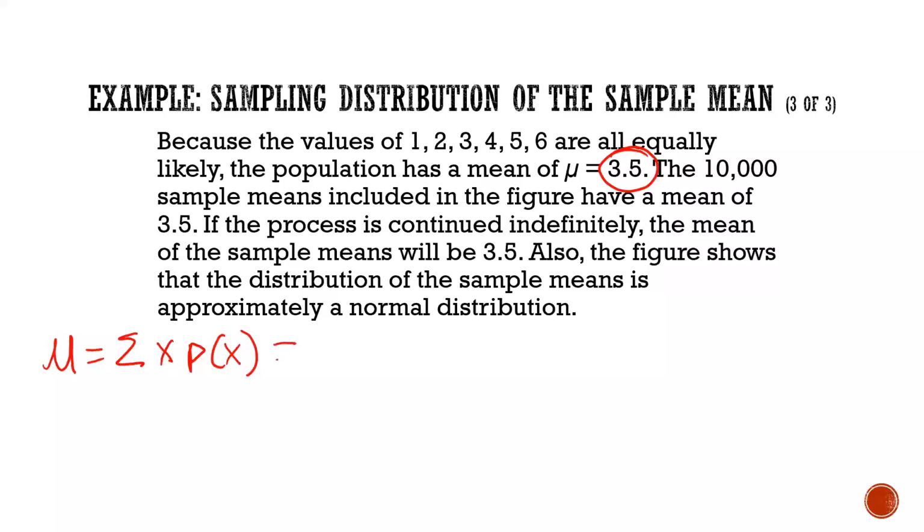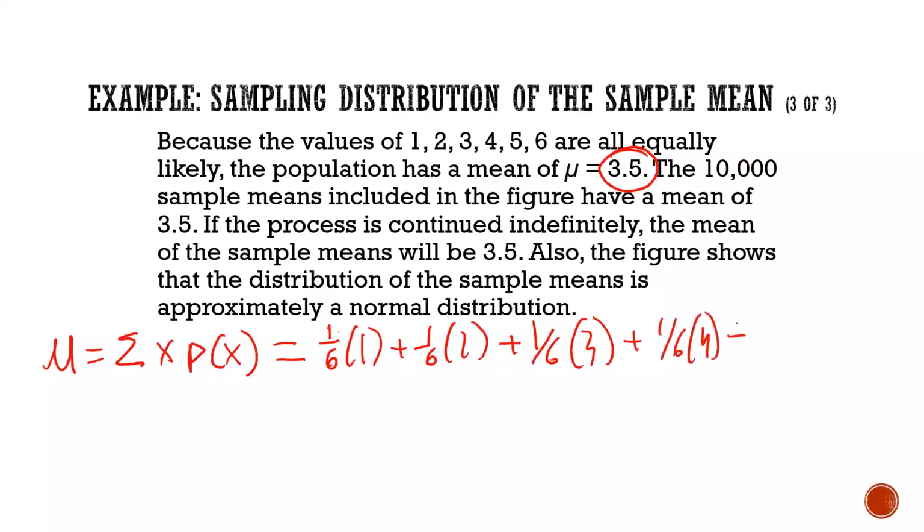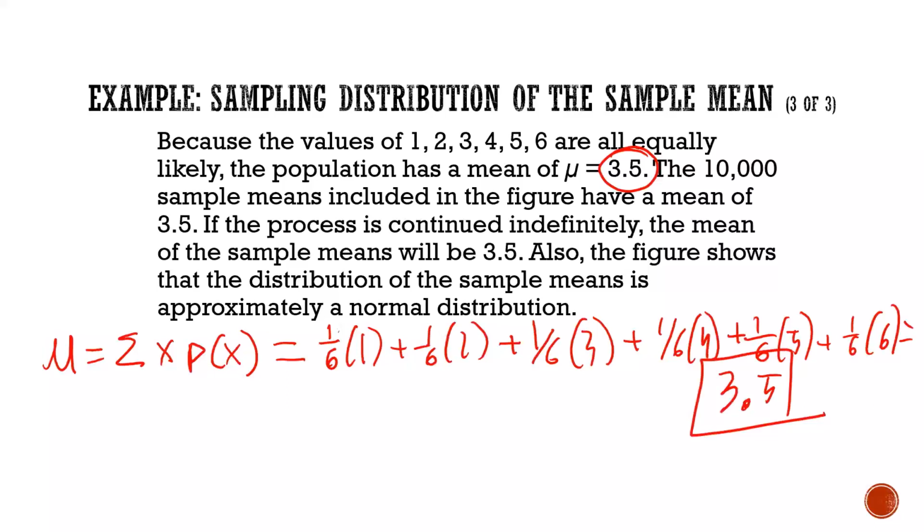For this, there are 6 different values, each of them has a probability of 1/6. So that gives me 3.5. So that's the mean.